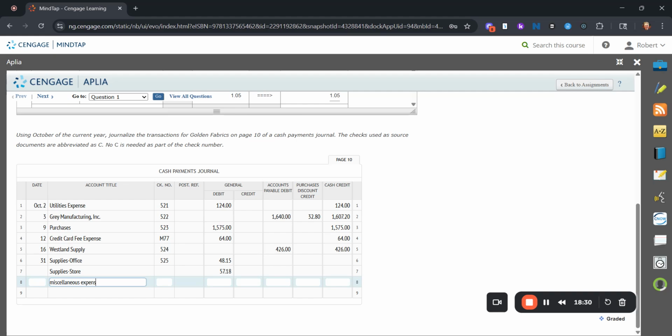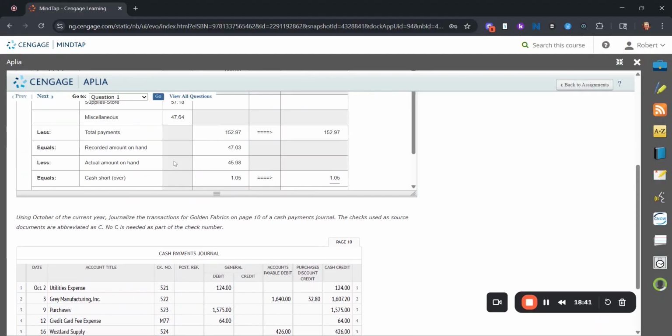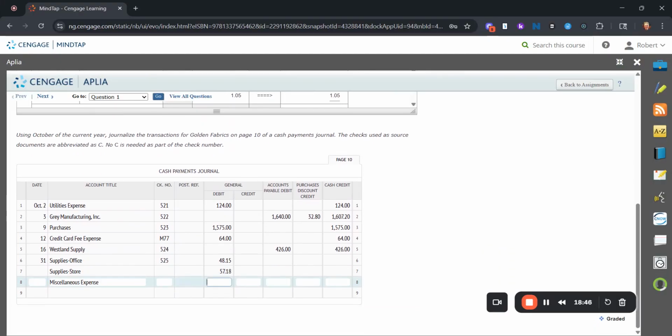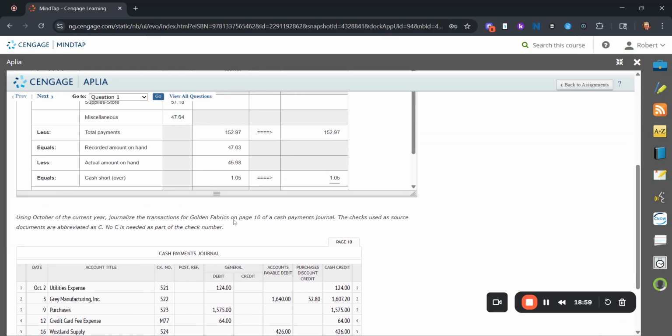I forgot to put the word expense on the end of there. I'm sure I spelled that right. There we go. Miscellaneous expense. Accidentally leave off that important word there. $47.64. Then the last one, cash short and over. In this case, it was short. $1.05.